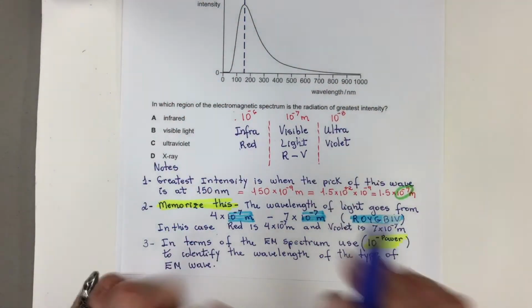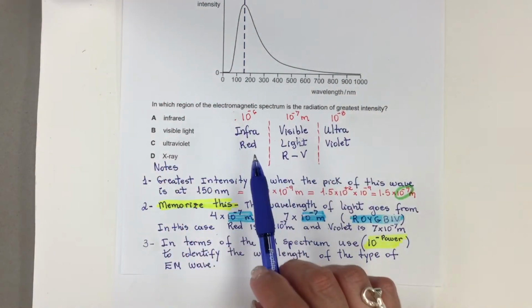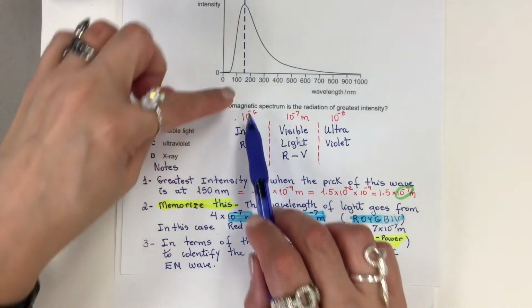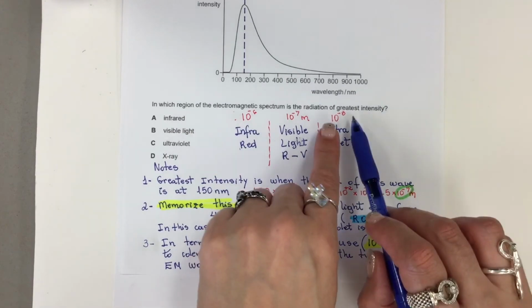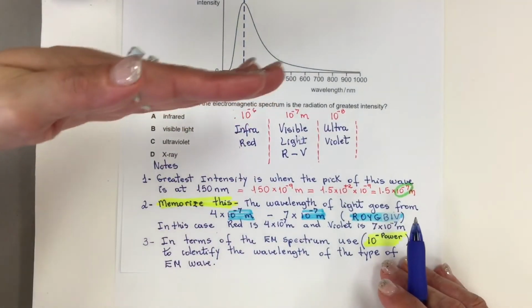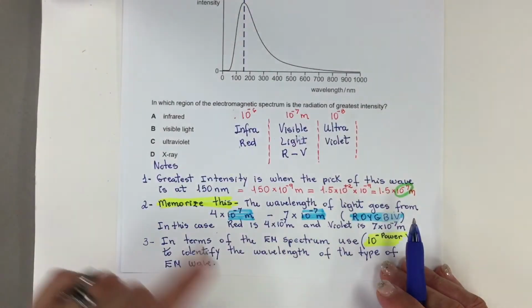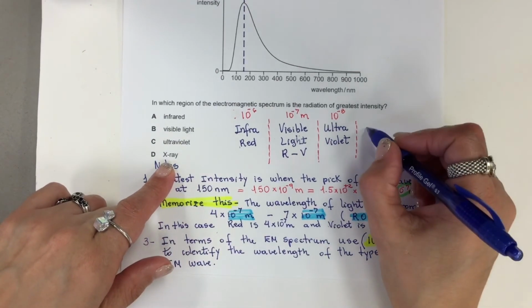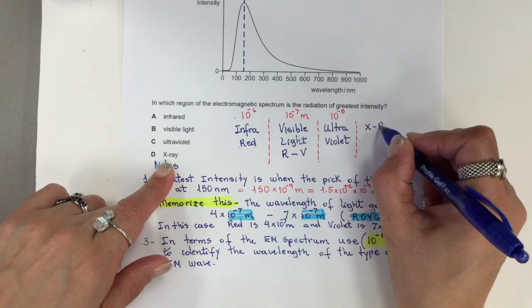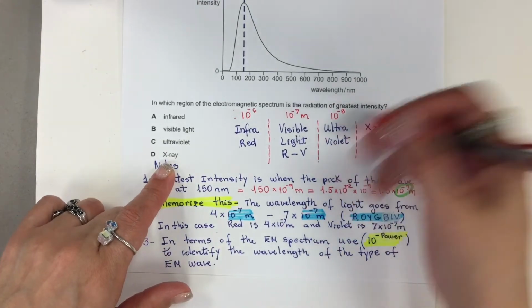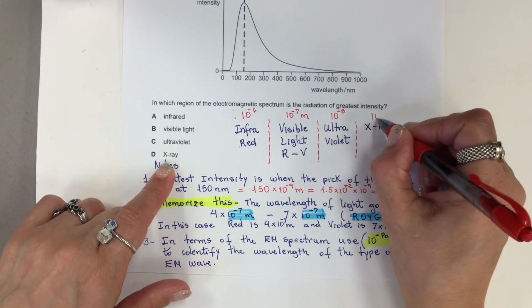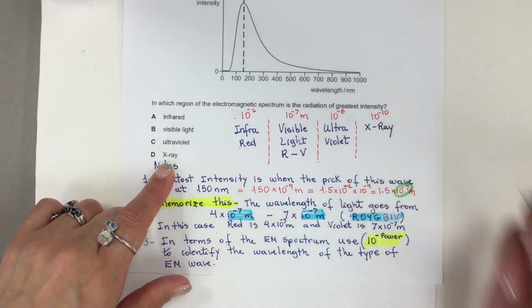So we can work with the exponents: for infrared minus 6 and for ultraviolet minus 8. Going in this direction, the next one will be X-ray, and X-ray is in the range of 10 to the minus 10.